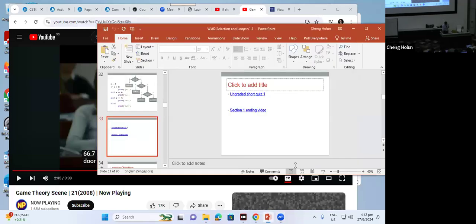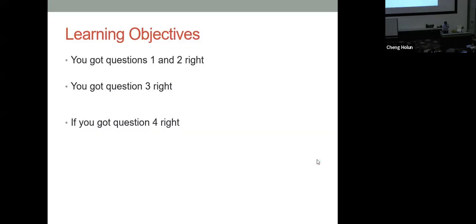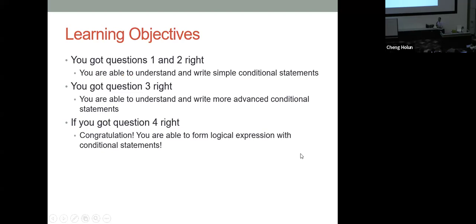Let's continue our lecture about repetition. Just now, for the quiz, if you got the first one right, I would say you can probably get a C in this course, because you know how to do the normal, simple if then else.